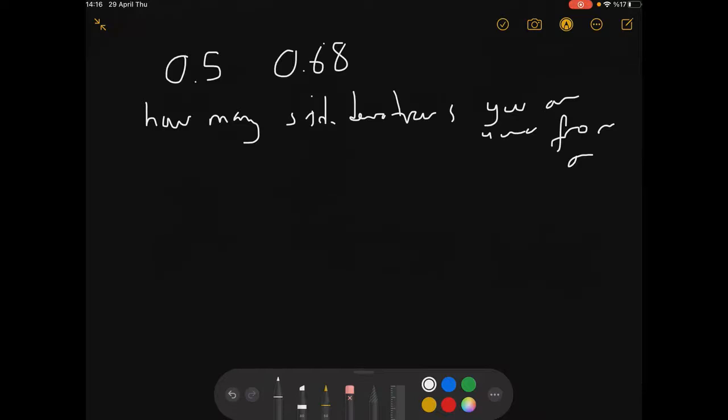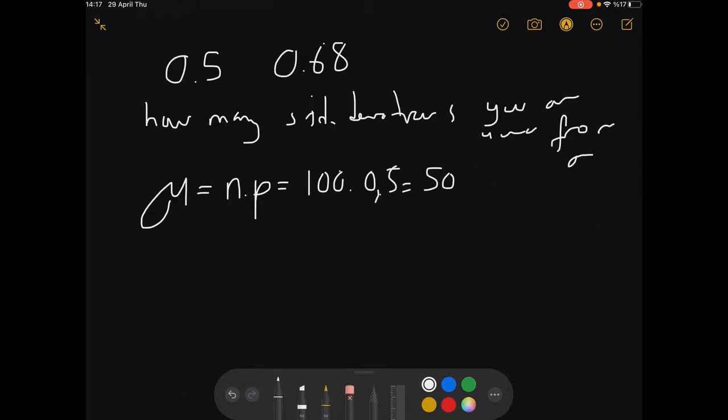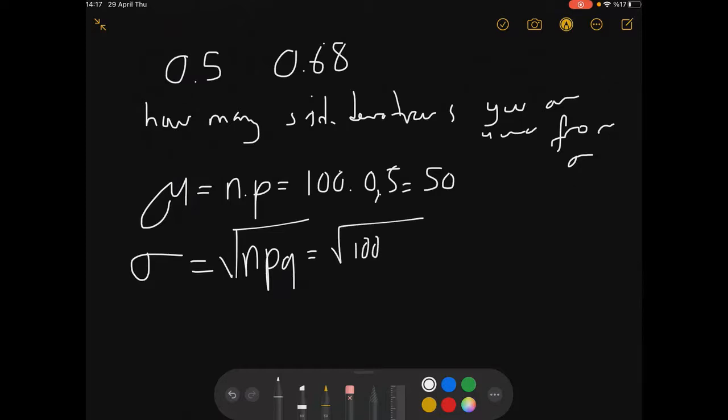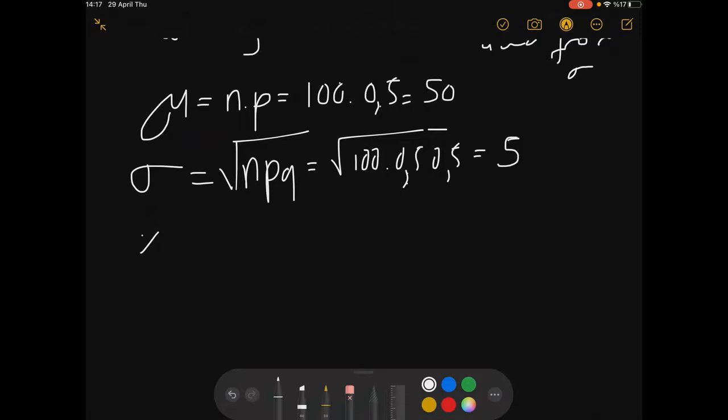Okay, let's calculate this. So your mu is np, which is 0.5 times 100. You are expecting normally 50 people of this 100 set, but it's not like that. It's 68, right? Let's calculate the population parameters. The standard deviation is the square root of 100 times 0.5 times 0.5, which is 5, and your x is 68.